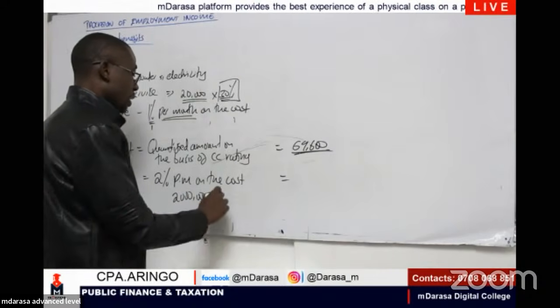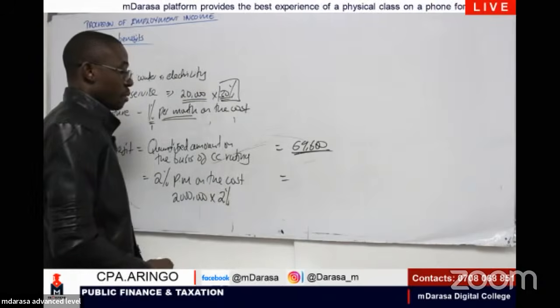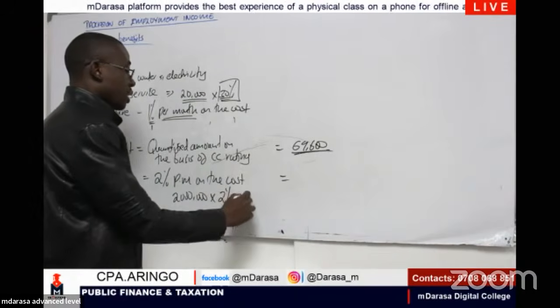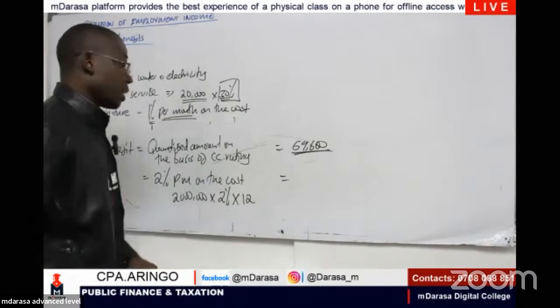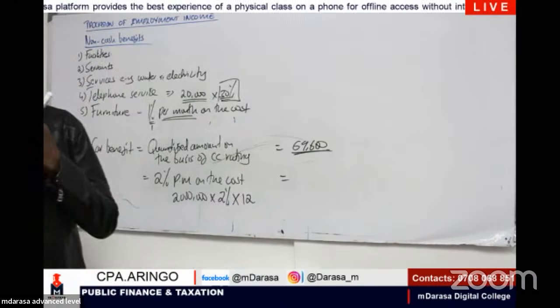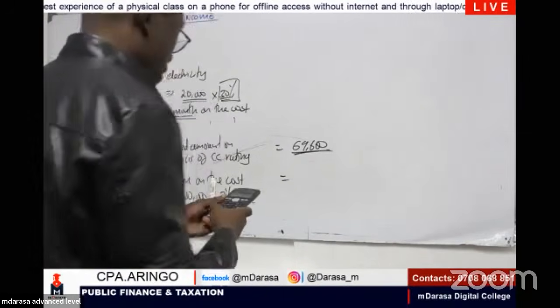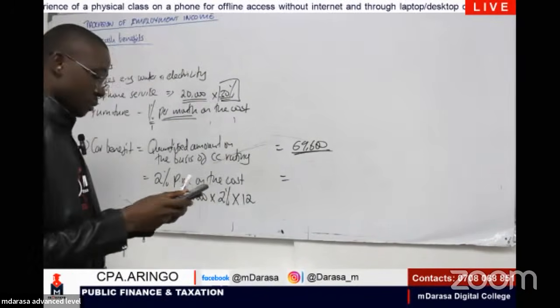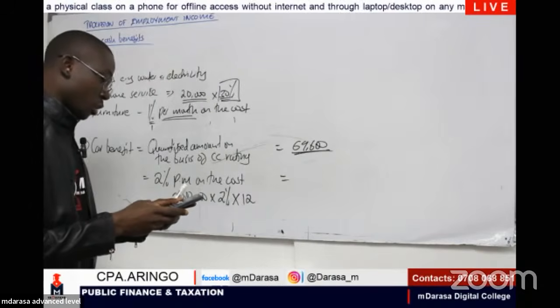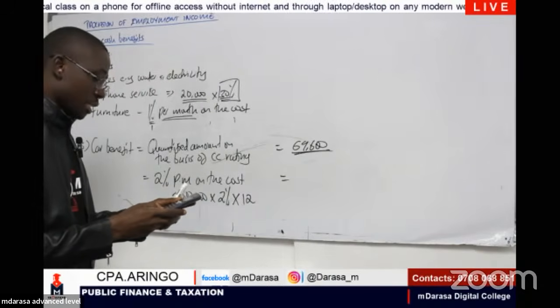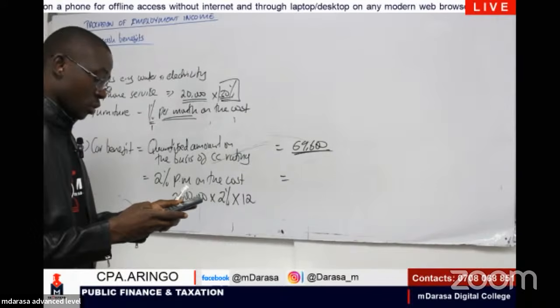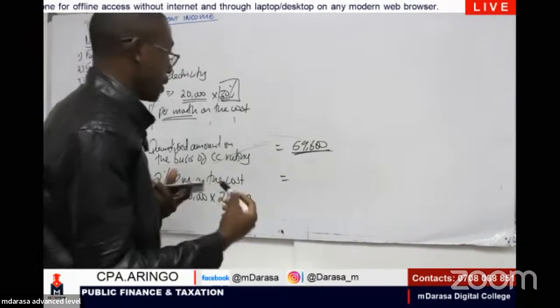So we take 2% per month. If I enjoy that motor vehicle for the whole year, that should be times 12, which gives us 24%, times 2 million, to give us a value of 480,000.